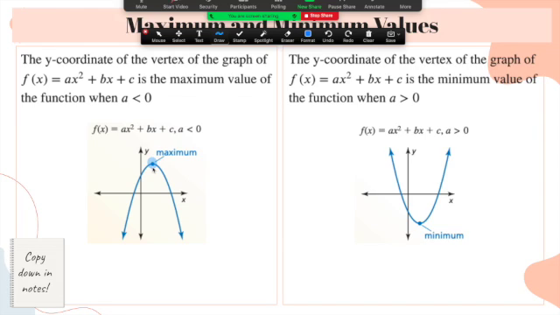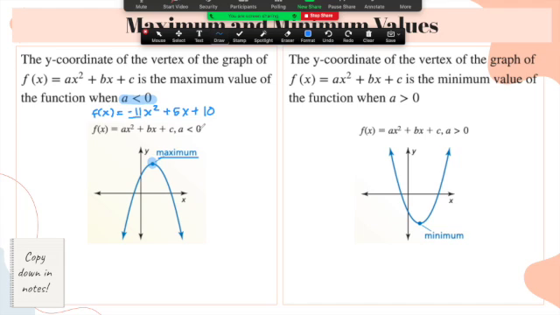And we can always identify if we have a maximum or minimum value by looking at a. So if a is a smaller number, for example, let's say we have f of x equals negative 11x squared plus 5x plus 10, we have a negative 11 as our a value. And so because it's smaller than 0, we say that we have a maximum value.